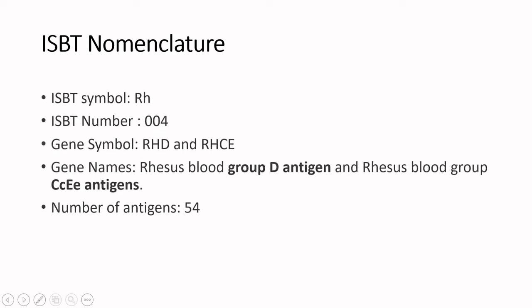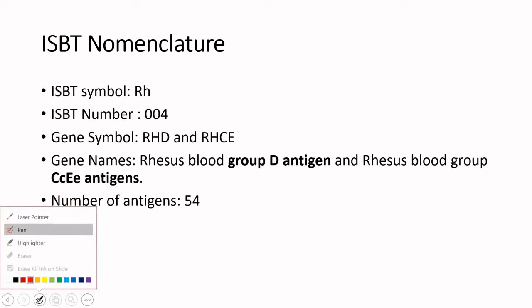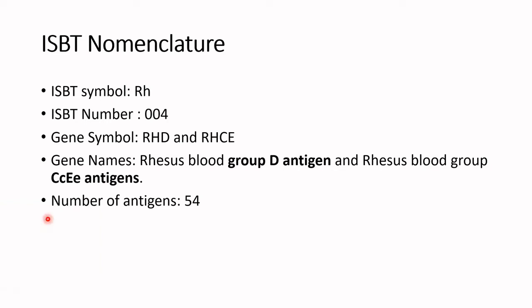Next we will see how this blood group system is nomenclatured in the ISBT. If you see, the ISBT symbol for this particular blood group system is given as Rh. The ISBT number is 004. We have seen in the ABO blood group system that it is given the number 001. So in this case Rh is given the number 004.